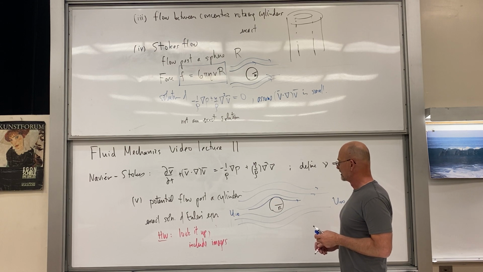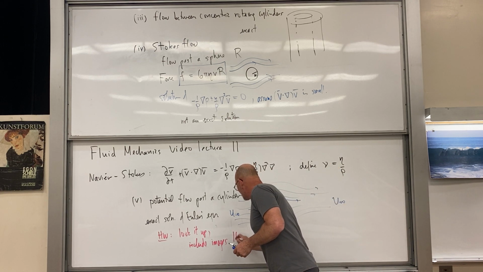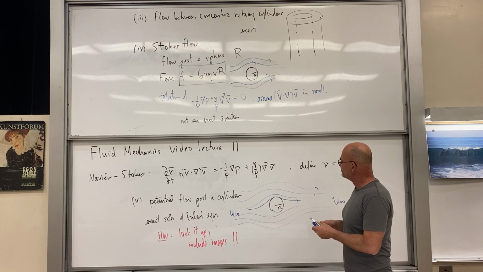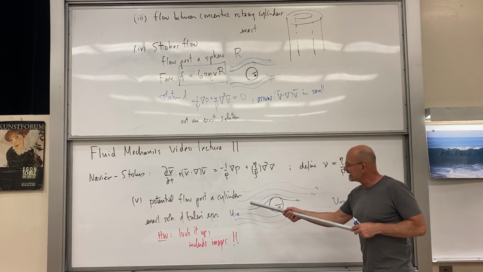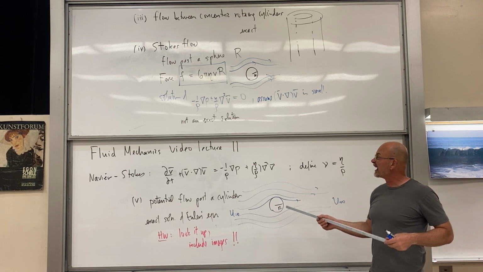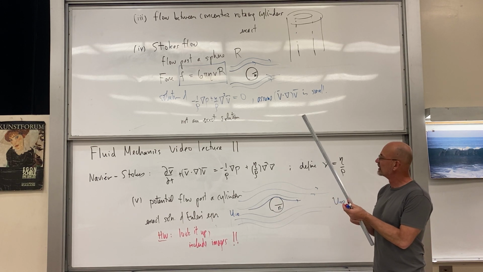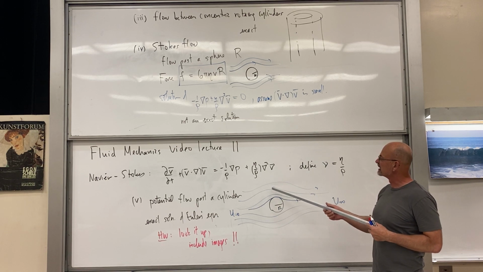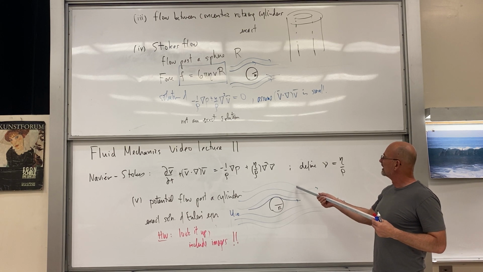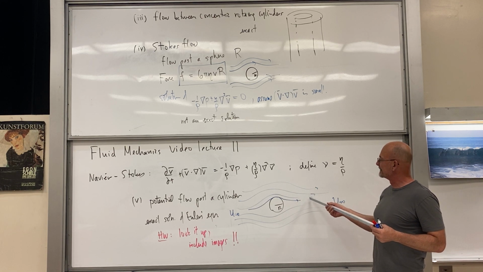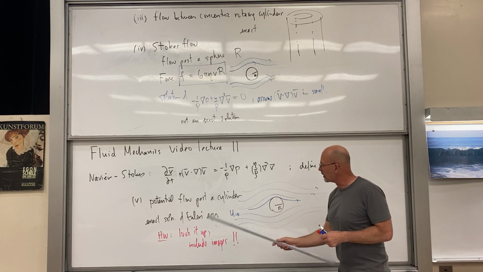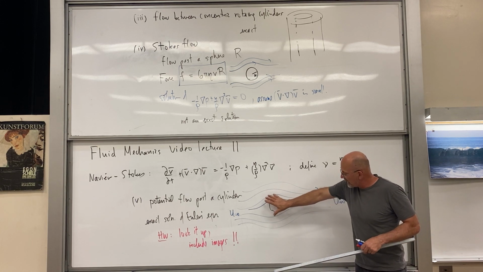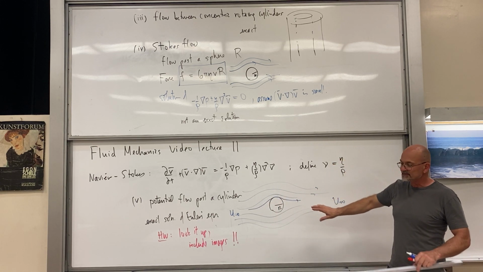Okay. So yeah, this is a good thing to talk about. This is something that one would really want to have an exact solution to. And I'll explain why in a moment. But yeah, that's a little list of some interesting flows. In particular, the kind of flow past an obstacle.